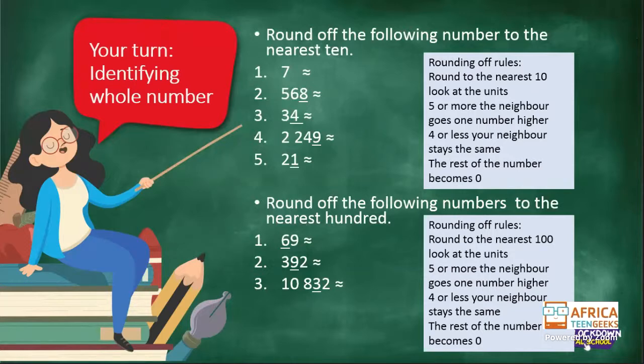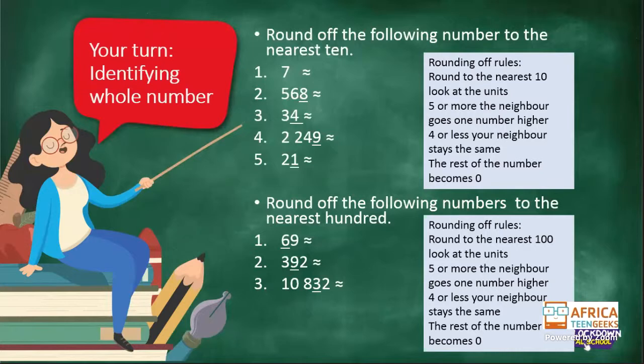Then you look at the next number or the next unit, and you circle that number. Then you see whether the number is 5 or above, or 4 or less, and then you round off. Remember those steps? I hope you do remember those steps.